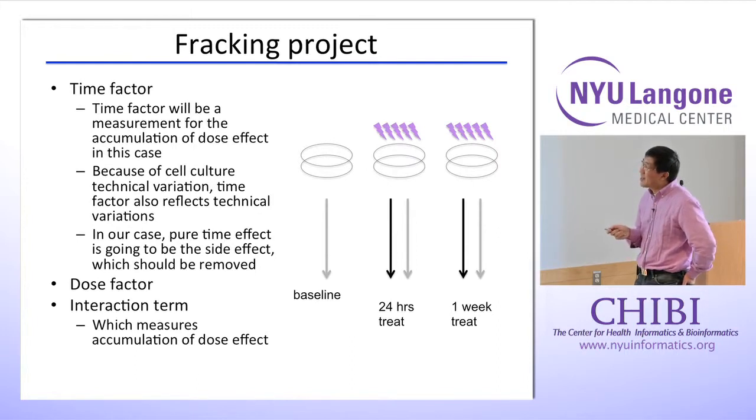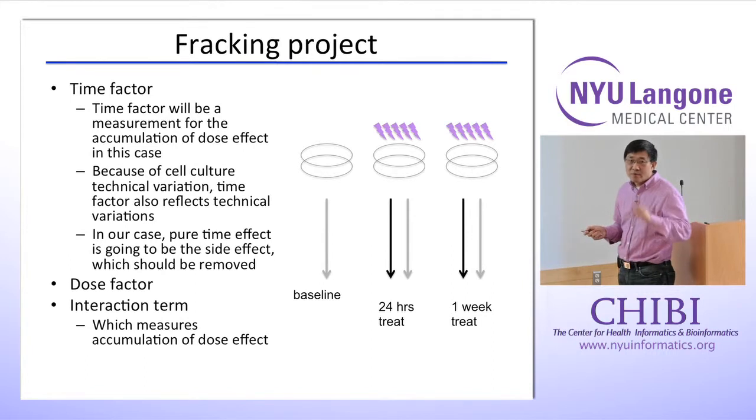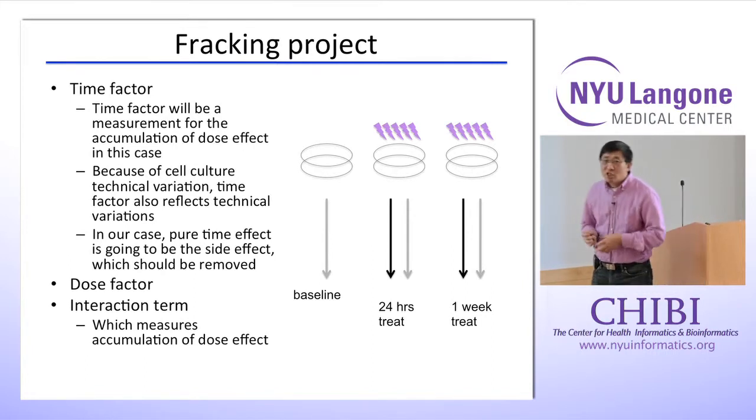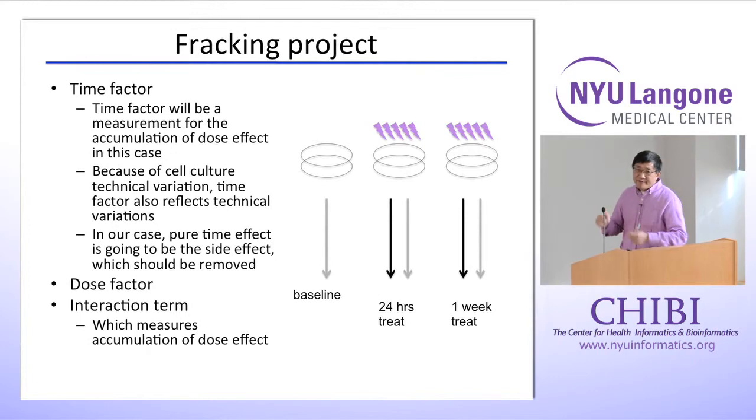So we set that up as a technical variation control by the baseline. Here, we also put in the dose factor with different doses of the fracking water. And the interaction term here, we can probably explain as an accumulation of the dose effect.